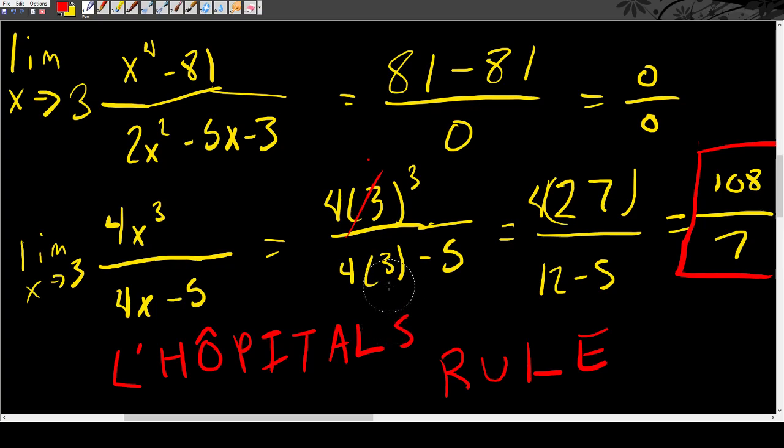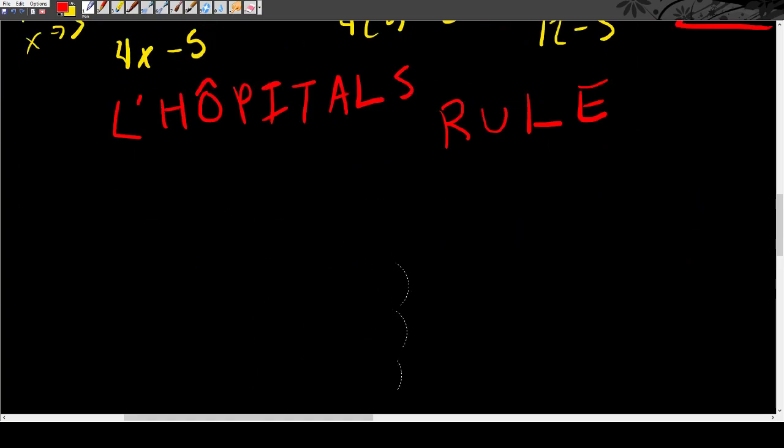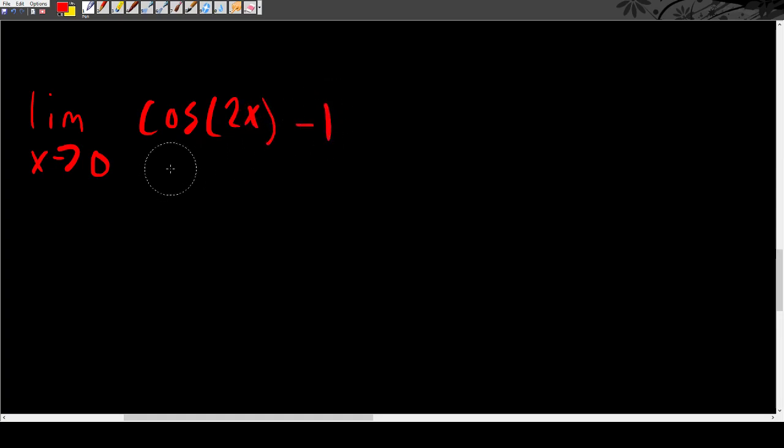I think I'll do one more. Let's see if I can get a trig one. Limit as x approaches 0. Let's do a cosine one, and then I'll end off with a sine one. E and ln you're not really going to get unless it's at like infinity or something like that.